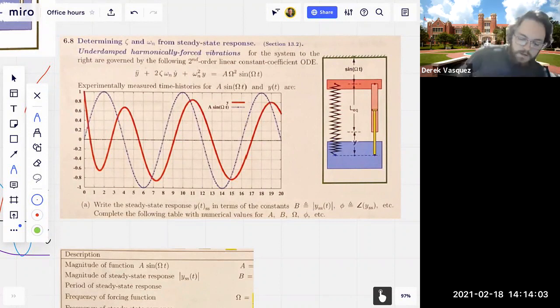We can see it's underdamped, we can see it's harmonically forced. We've got some equations of motion. The first part says write the steady state response y of t in terms of the constants b, the magnitude of the steady state response, and phi, our phase shift, etc.